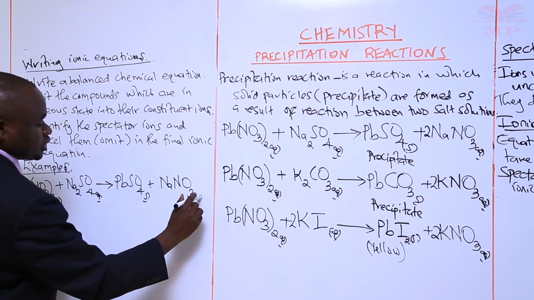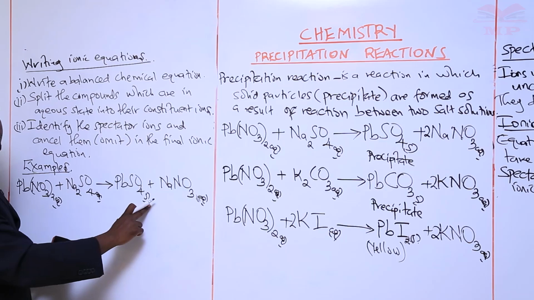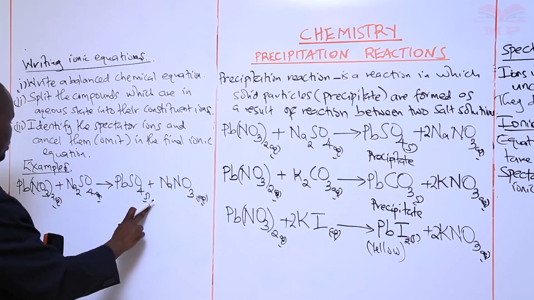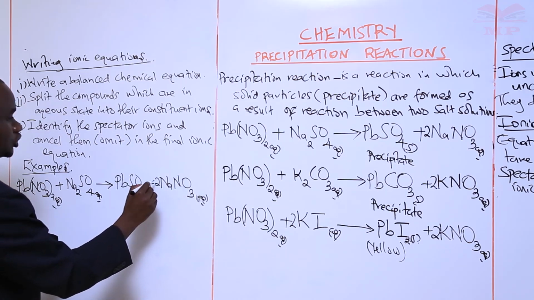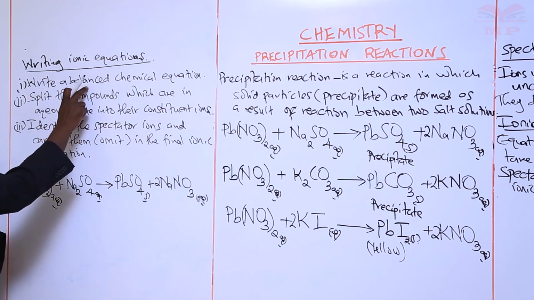So state symbol is aqueous. This is the precipitate, so the state symbol is solid. So don't forget to balance. This will be 2, like that. So step number 1, write a balanced chemical equation.